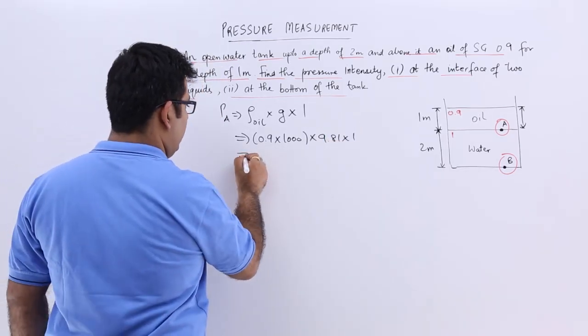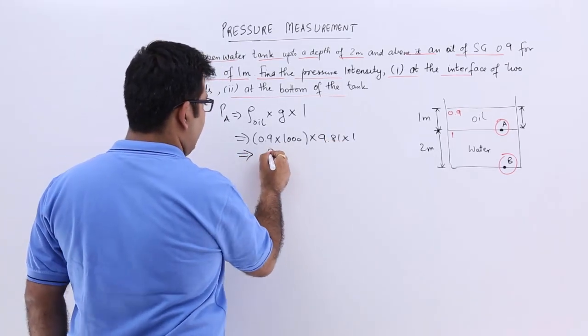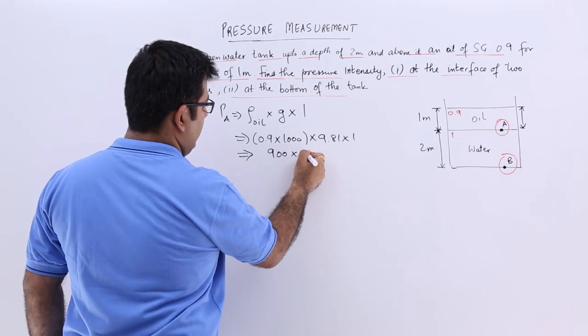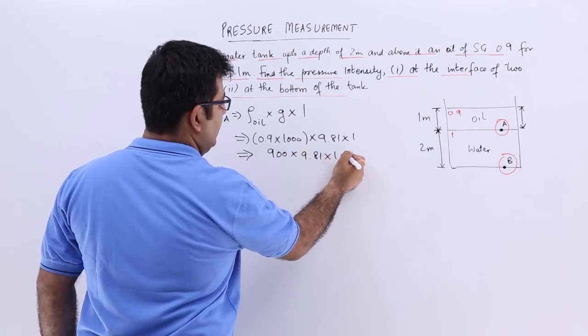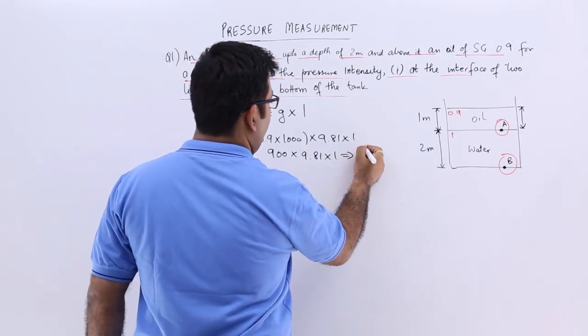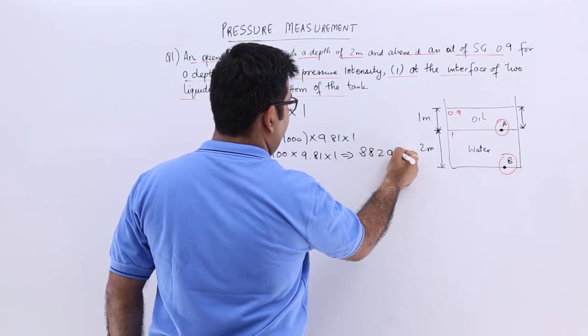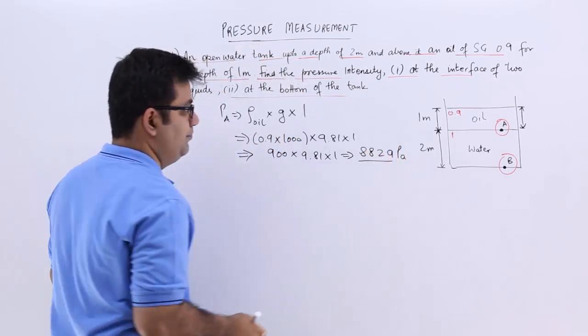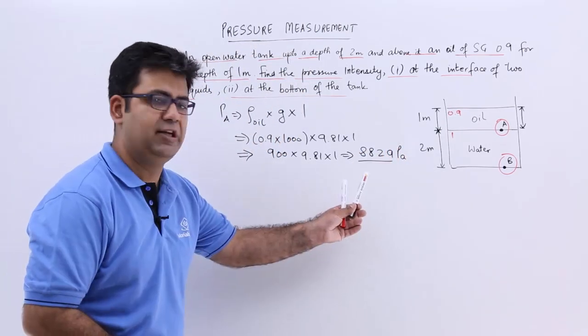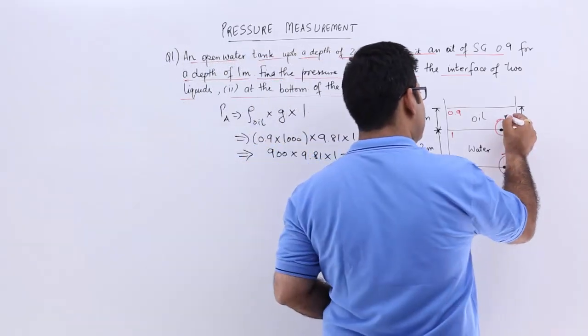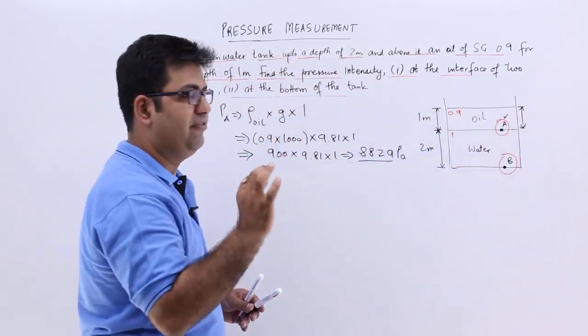So when you calculate this, the density comes out to be 900, into 9.81 into 1. That gives you a value of 8,829 pascals.